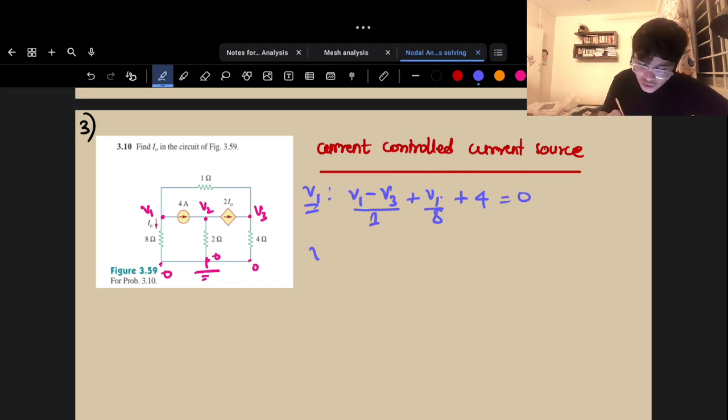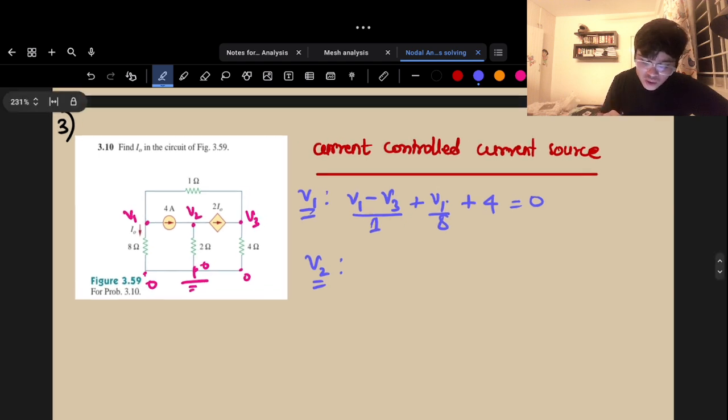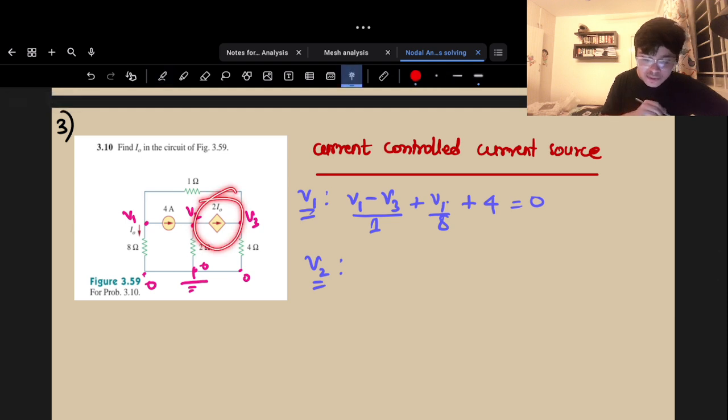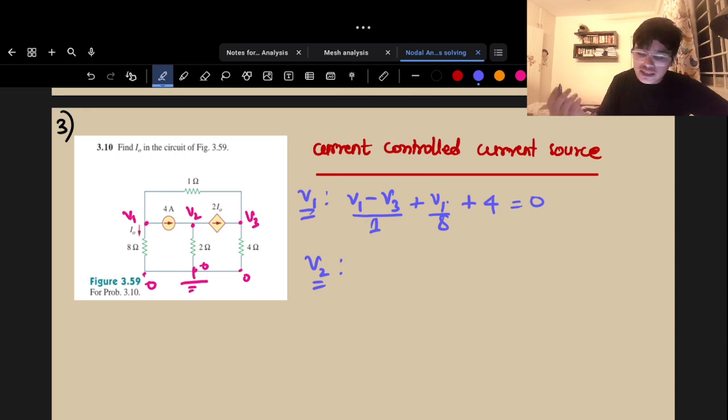You should go ahead and solve and simplify this one, and you'll get one equation. Now let's solve for V2. I know the numerical value of this particular current, that is 2I naught. But sadly, I don't know the numerical value of I naught. But I already have an equation for exactly what I naught is.